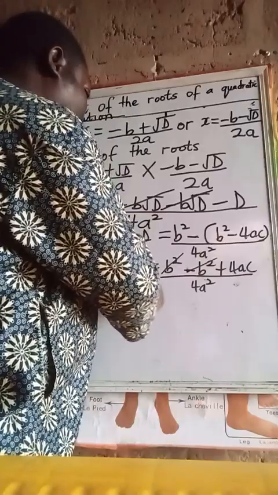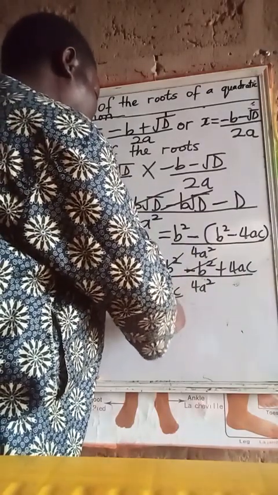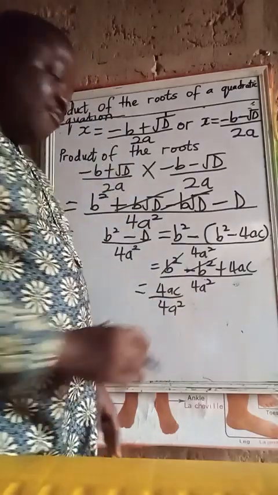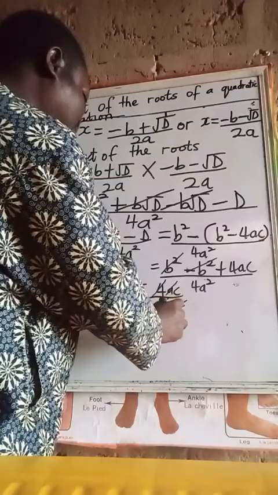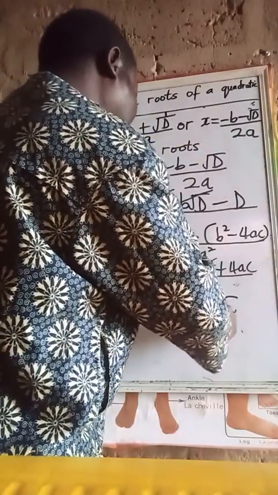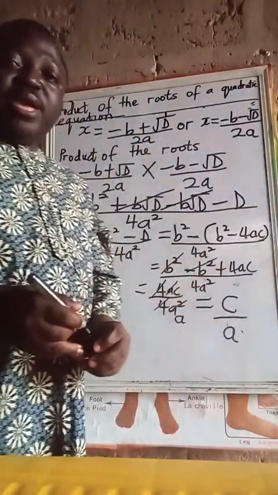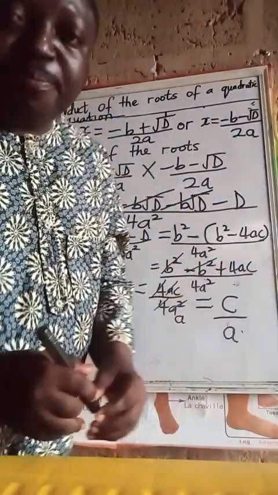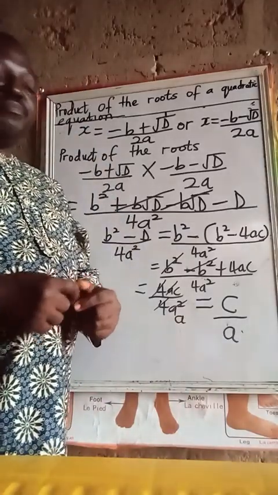Then we are left with 4ac up here, then over 4a square. 4 cancels 4, a cancels 1a here, so this is a. Then the final formula now is c over a. And this is the formula we can use to find the product of the roots of a quadratic equation.